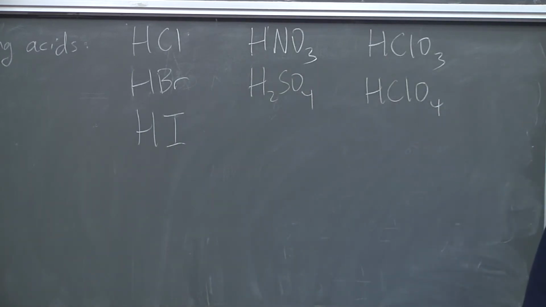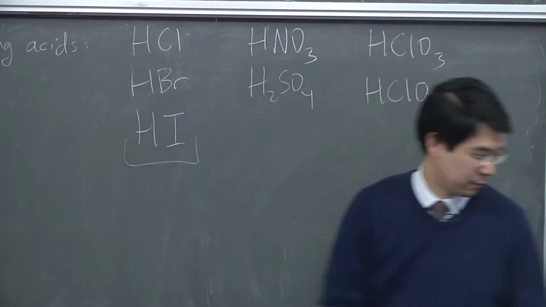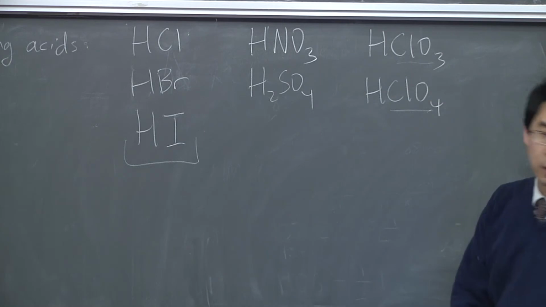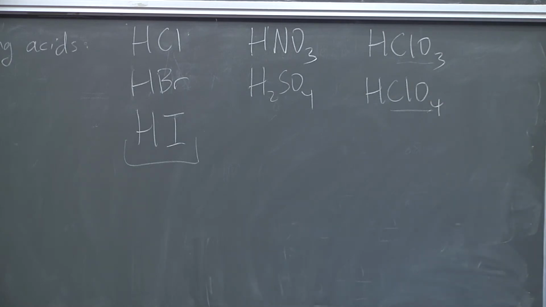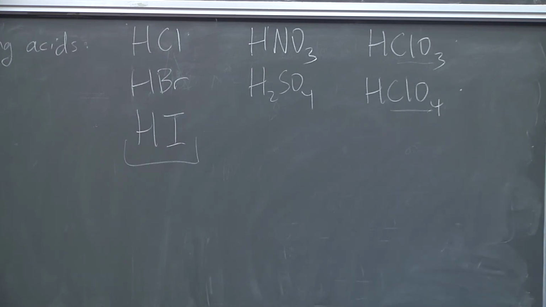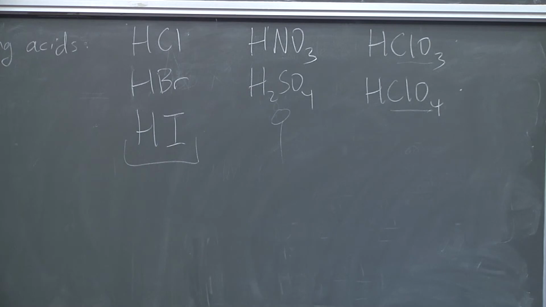Not too bad, right? These are all in a row, right? HCl, HBr, HI in group 7. Then you have your oxychloroacids, chloric and perchloric acids. And then these two you've already dealt with in lab probably, right? Nitric acid and sulfuric acid. That's all.